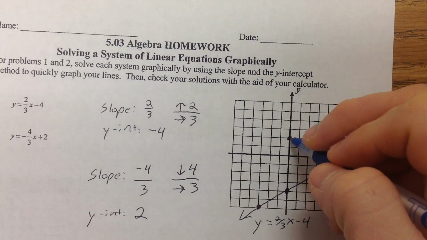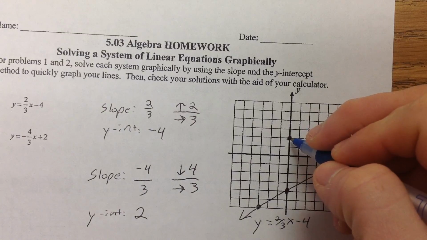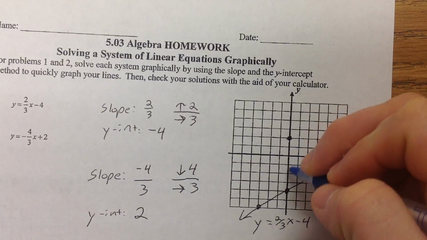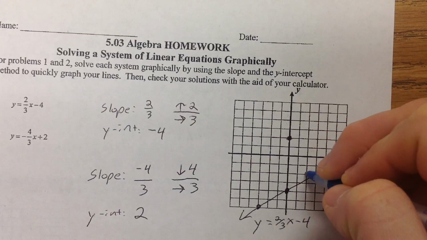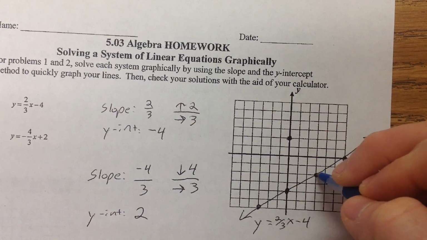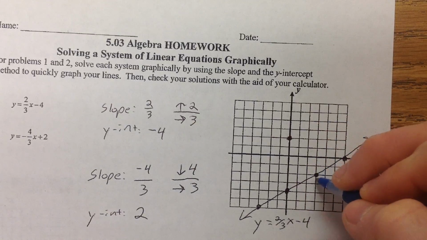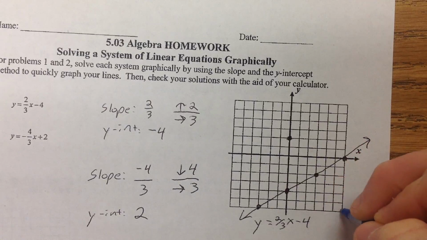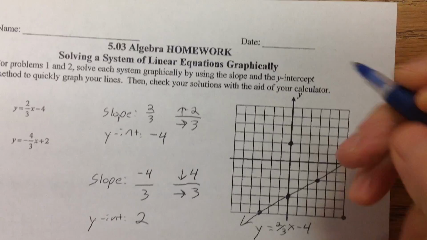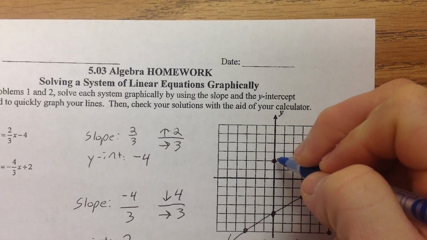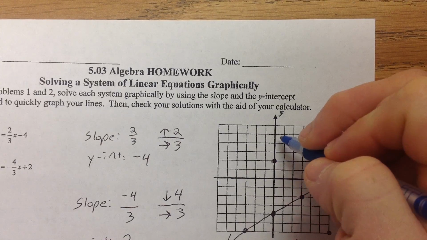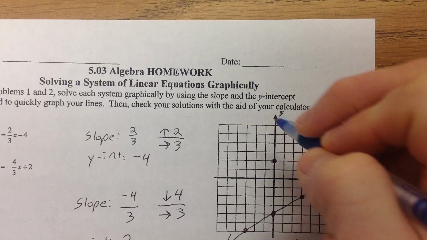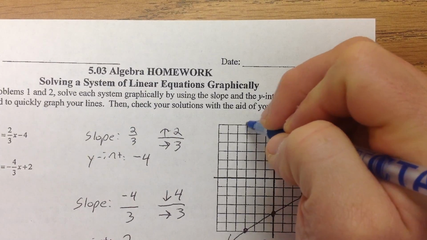And then I'm going to go down 4 from this point that I just made. 1, 2, 3, 4, over 1, 2, 3. Then from this point, I'm going to go again, down 1, 2, 3, 4, over 1, 2, 3. And I can also do the exact opposite. I can go up 1, 2, 3, 4, and then to the left 1, 2, 3.